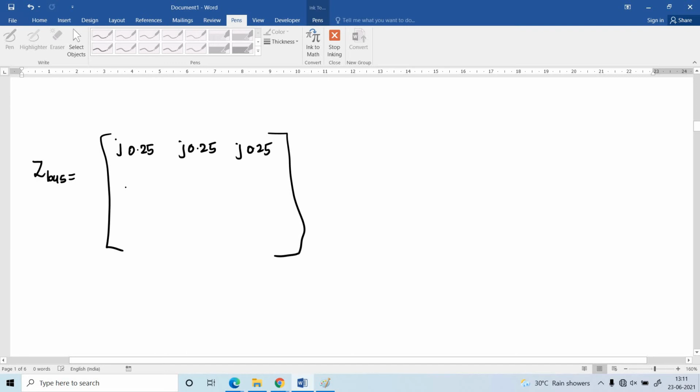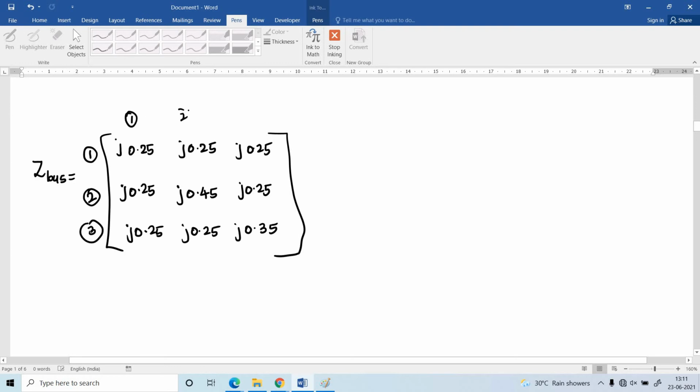The second row, j 0.25, j 0.45, j 0.25. And third row, j 0.25, j 0.25, j 0.35. Here put the bus names 1, 2 and 3.